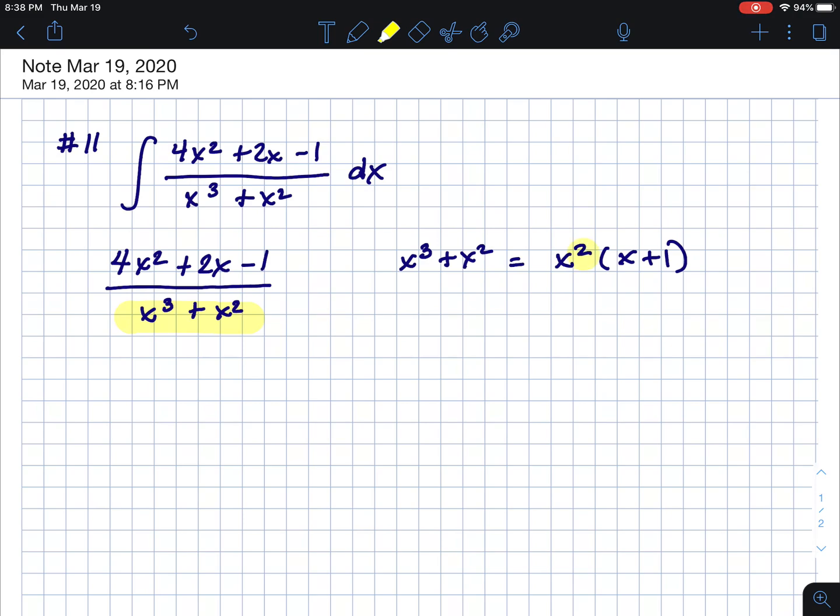When we are factoring for partial fractions, we want every factor in there. So, like, let's say we had an 8. All the factors that would come out would be 1, 2, 4, and 8.